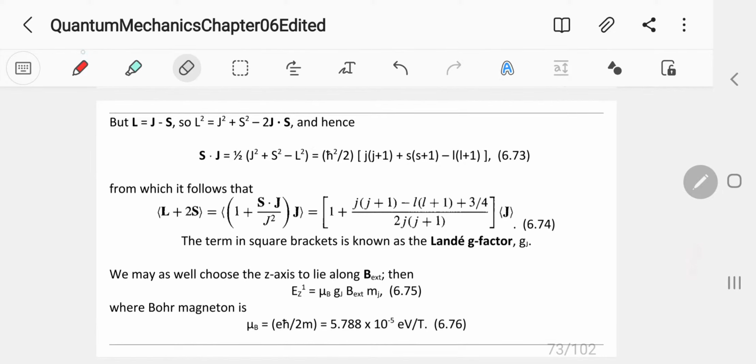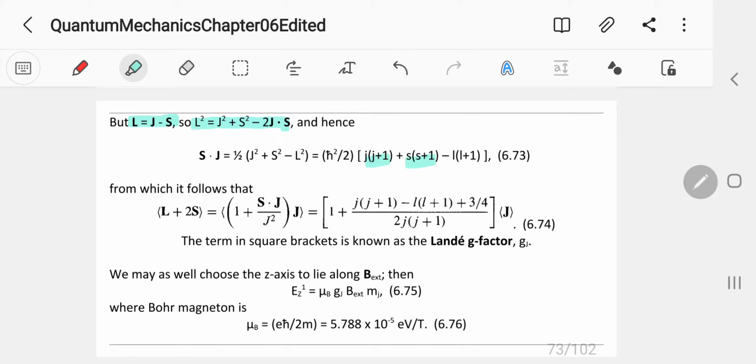So here you have L equals J minus S, and so your L square will have to be this. And using the eigenvalues of these vectors, for J square you have H bar J times J plus 1.